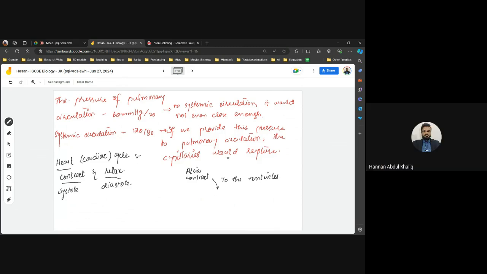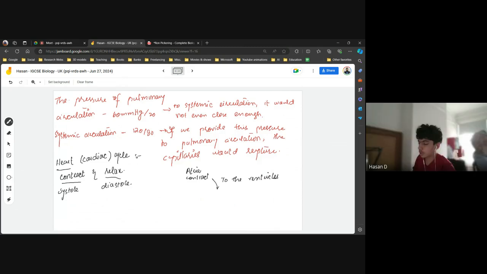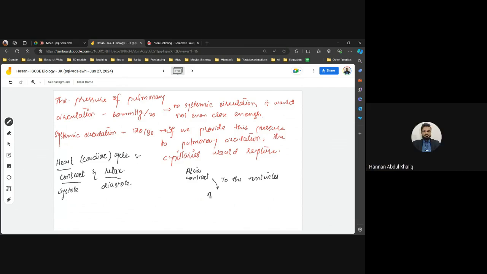What should be the next phase? What should contract now? The ventricles should contract now, or the atria should relax now as the second step? So the atria should relax first.